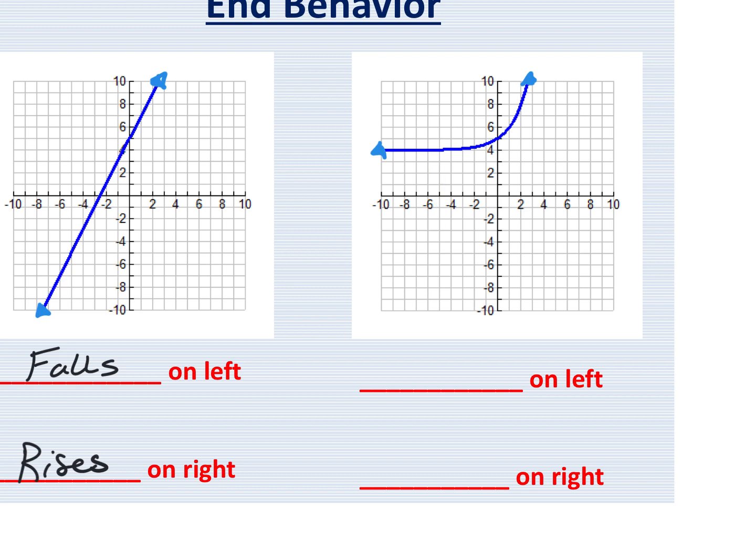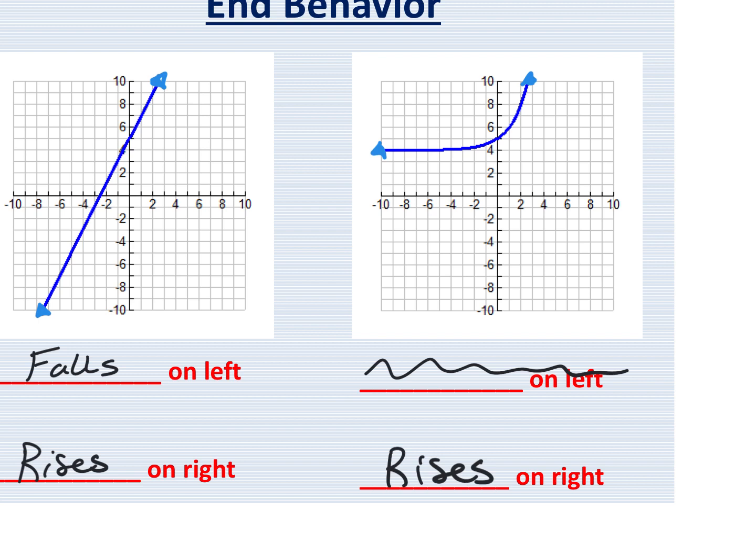Neither. Guess what? You don't have to answer it. If it's starting to flatten, you could say flatten if you want to. I'm not going to take points off for that. But really, you just don't have to answer it. Now, on the right, what is it doing? It is rising. So it rises on the right.